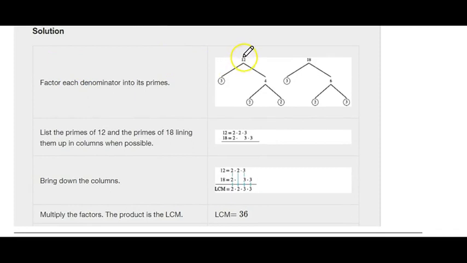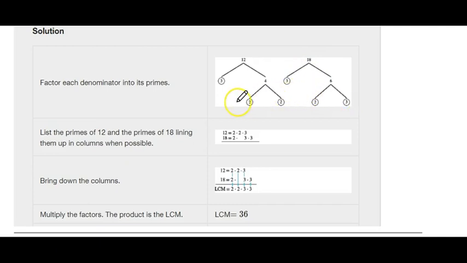12 is factored into 3 times 4, which can be additionally factored into 2 times 2. So for 12, we would list 2 times 2 times 3. 18 is factored into 3 times 6, and 6 is further factored into 2 times 3.